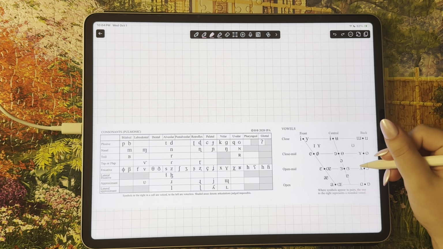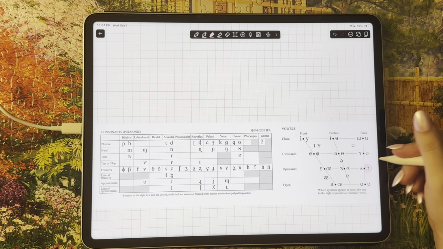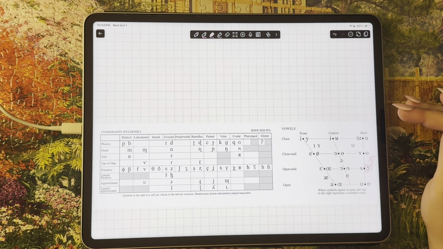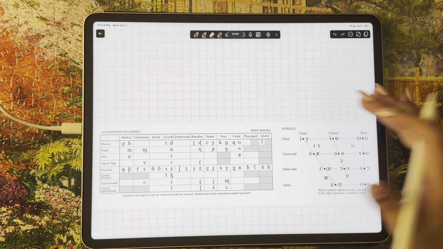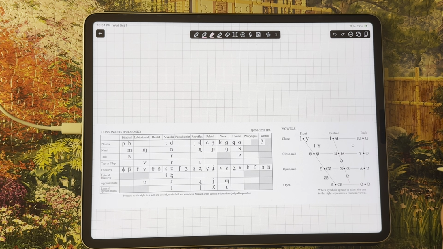And we talked about caret, and this is just a slightly darker version of the O, but I'll explain that later whenever we see diphthongs.